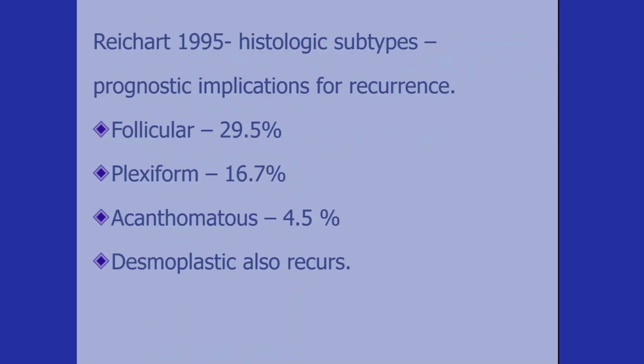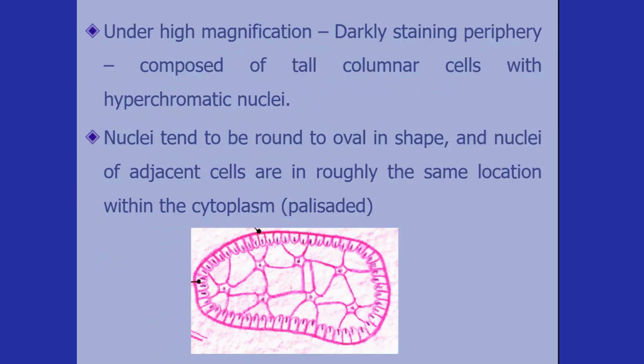Reichert in 1995 discussed the prognostic implications based on the histologic subtypes for recurrence. Follicular 29.5%, plexiform 16.7%, acanthomatous 4.5%, and desmoplastic also recurs.